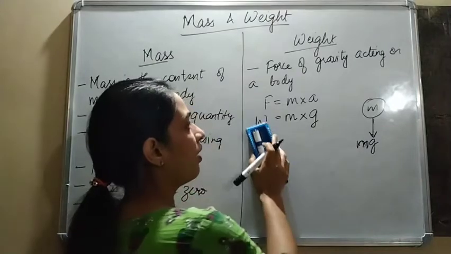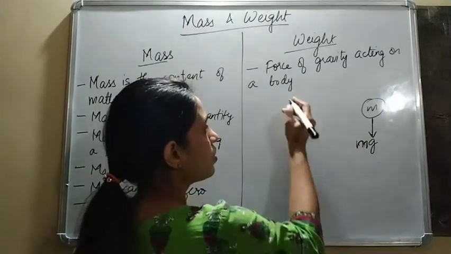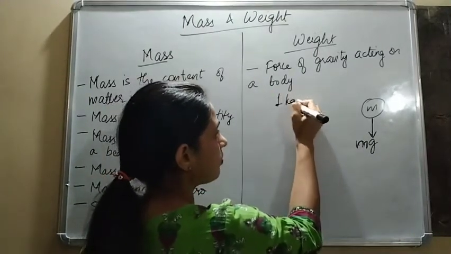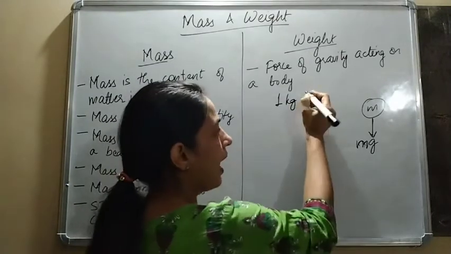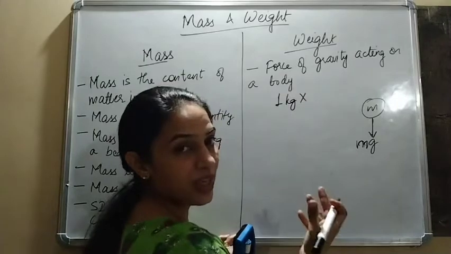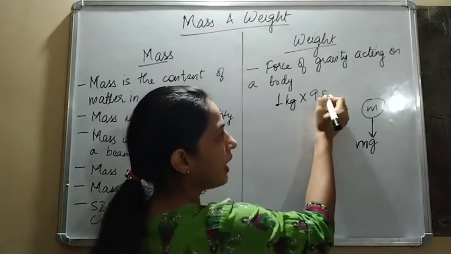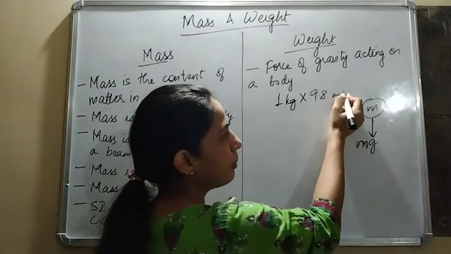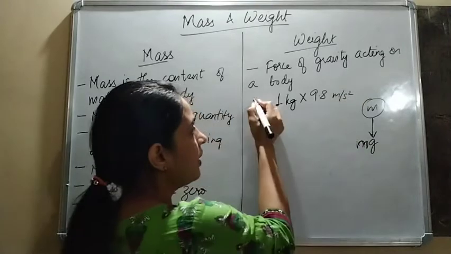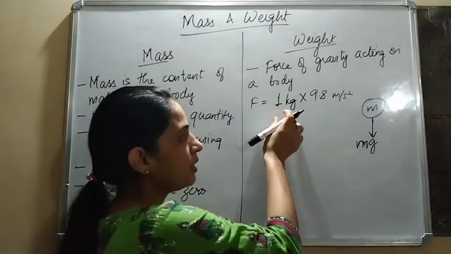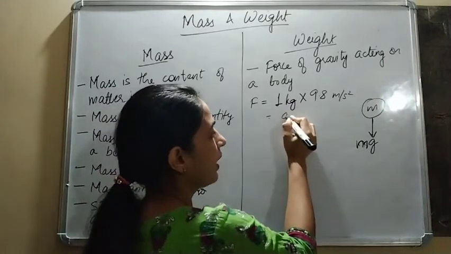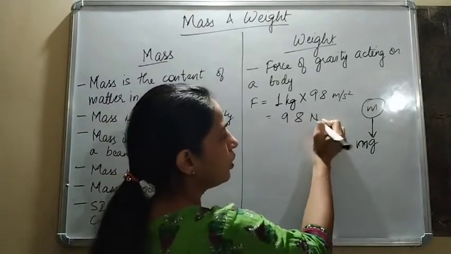So if you have a body of mass 1 kg, and how much is the acceleration due to gravity? 9.8 meter per second square. Then the force acting on this 1 kg body will be 1 into 9.8, that is 9.8 Newton.